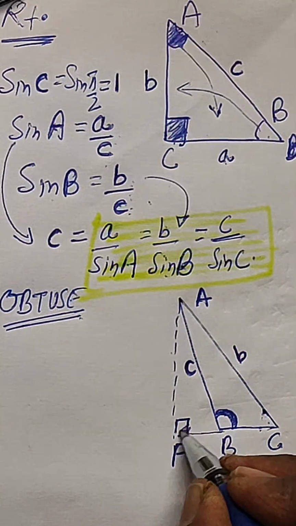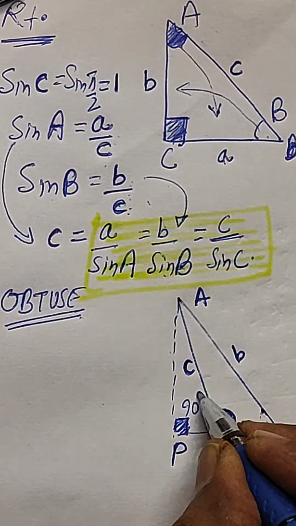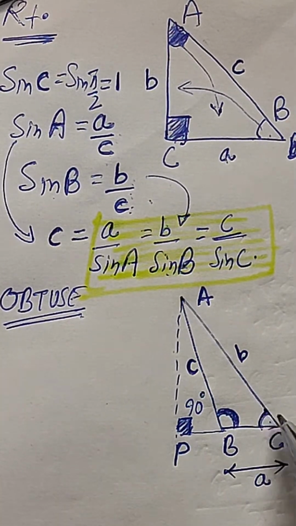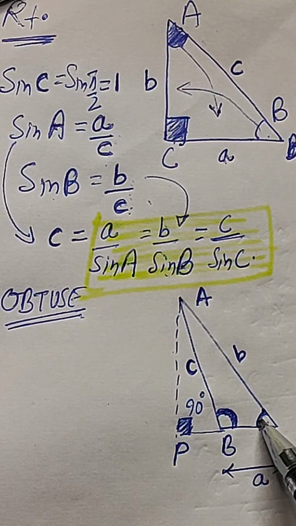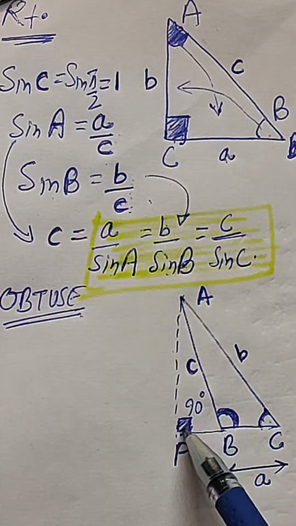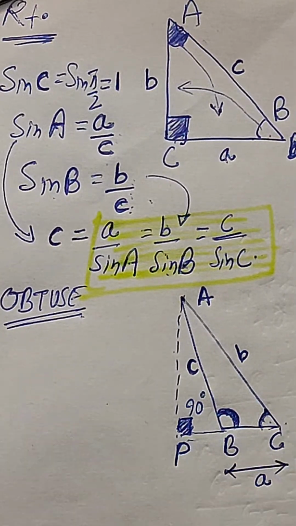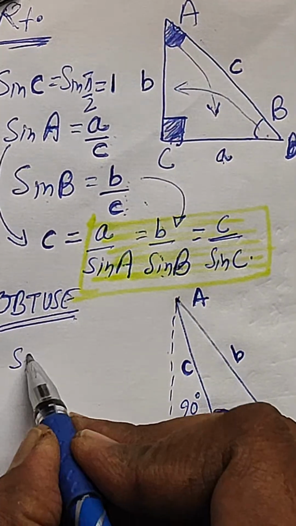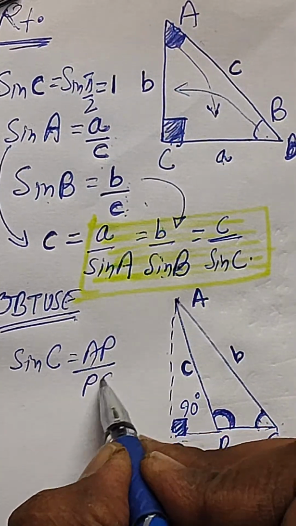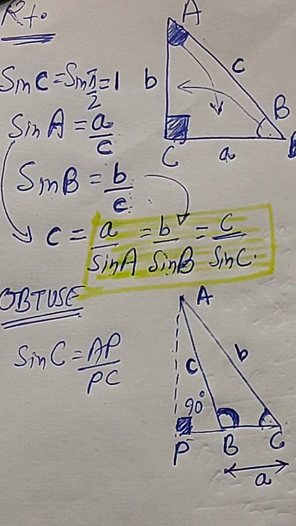So if this angle is 90 degrees, then we can say that sine of C will be equal to the perpendicular AP by PC. Sine of C is equal to AP by PC. Any doubt in it?